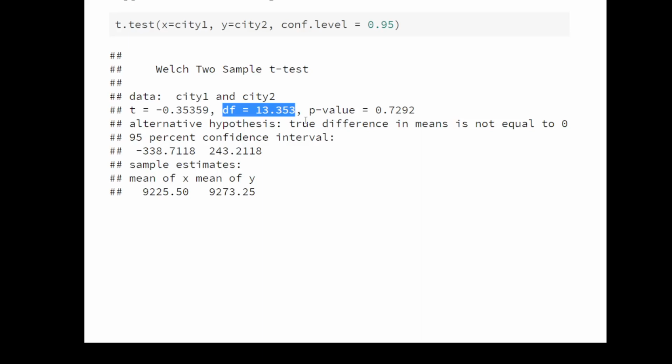There are a lot of key differences between this test and the last test, but they're very similar all in all. The p-value is 0.7292. Apart from that, the numbers are slightly different, but overall the output is very similar to the main t-test that we were asked for specifically.